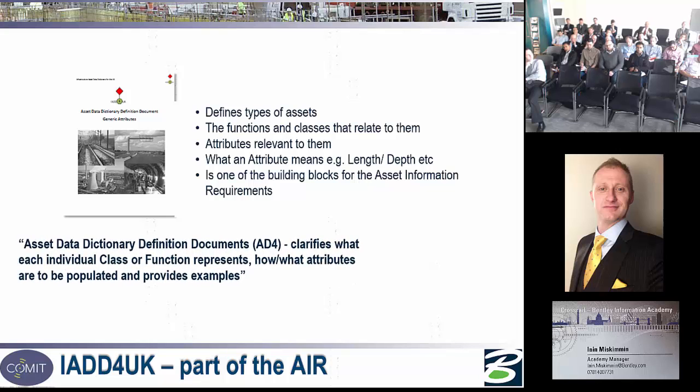So this is a group that I'm trying to run for BIM. There's a lot of arguments, a lot of bloodletting between the different people. The TfLs, the Network Rails, the London Undergrounds, the HS2s and the Crossrails all have different definitions for different things within their rails.